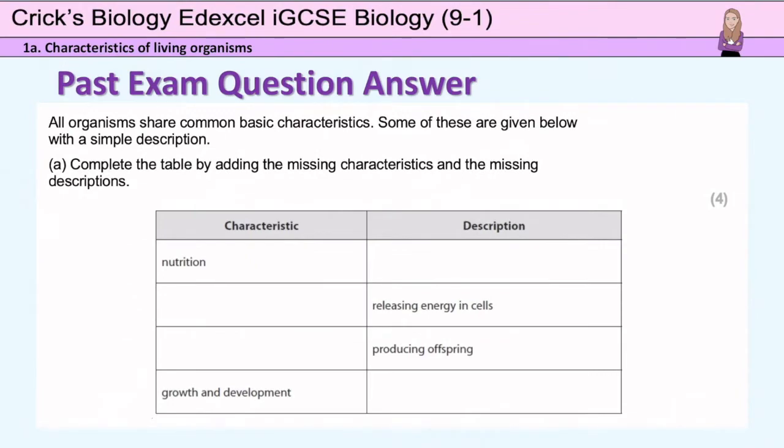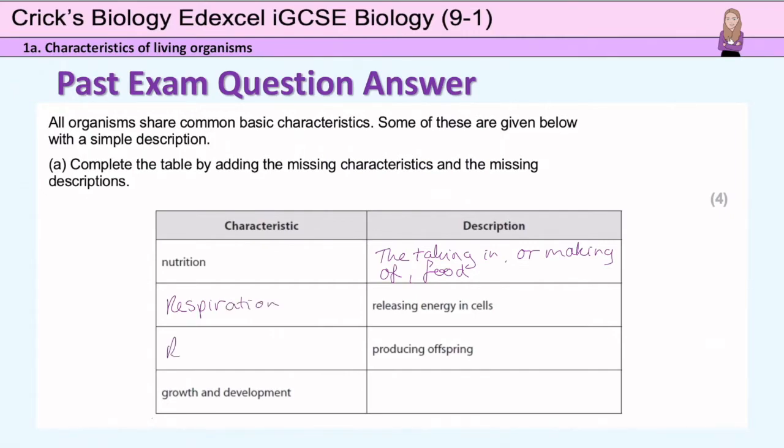Let's have a look at the answers to this exam question then. Nutrition, the taking in or making of, in this case of plants, food. Releasing energy in cells is respiration.